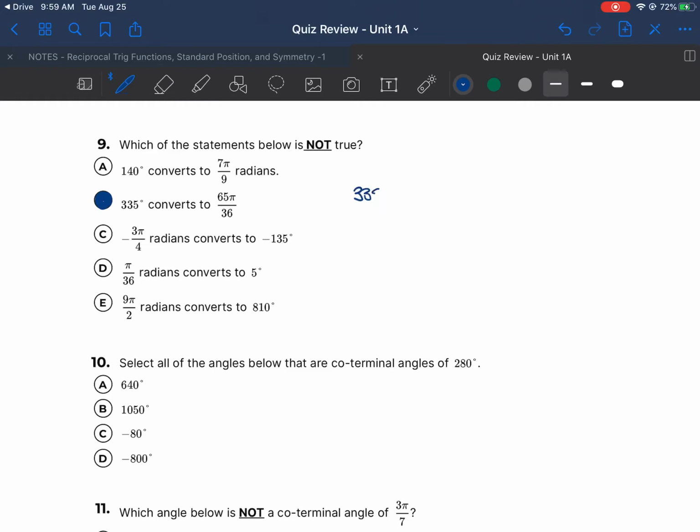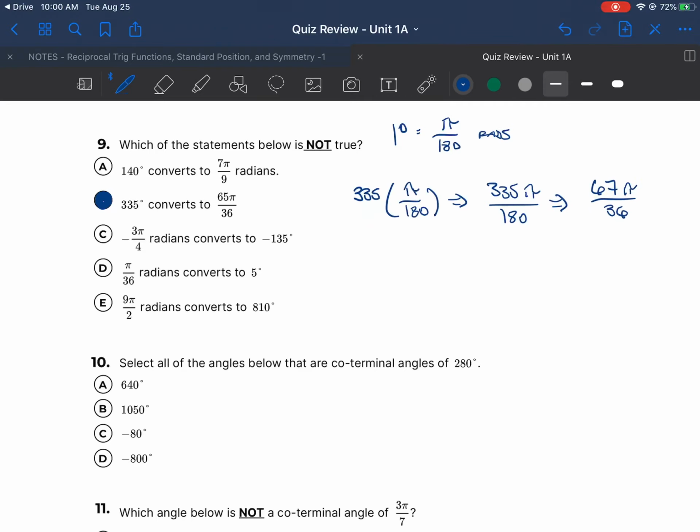If I take 335 degrees, and again, we're going to use our conversion that 1 degree is equal to pi over 180 radians. So I'm going to multiply 335 degrees, or 335 times pi over 180. This is going to give us 335 pi over 180. And simplifying the 335 over 180, that would give us 67 pi over 36.